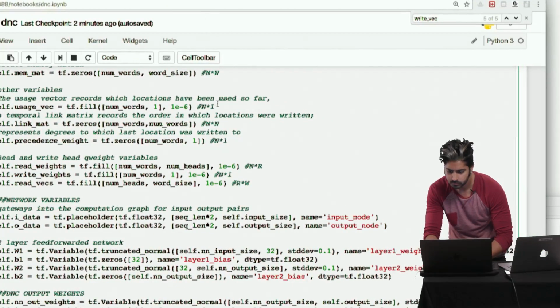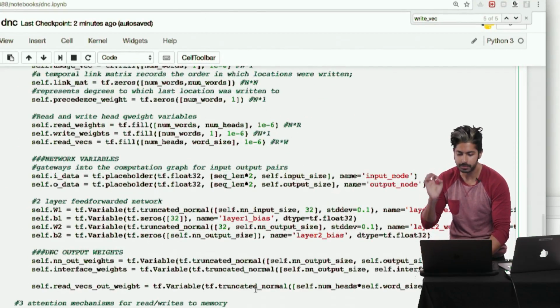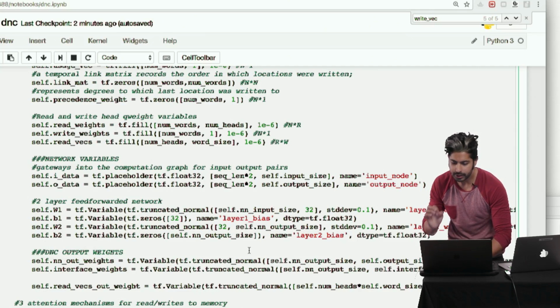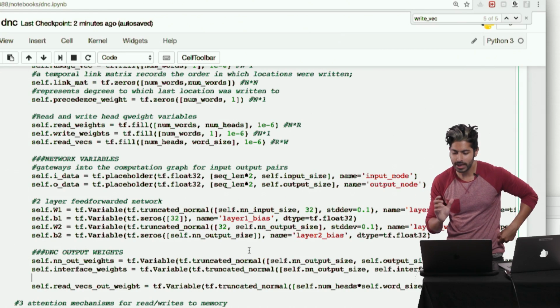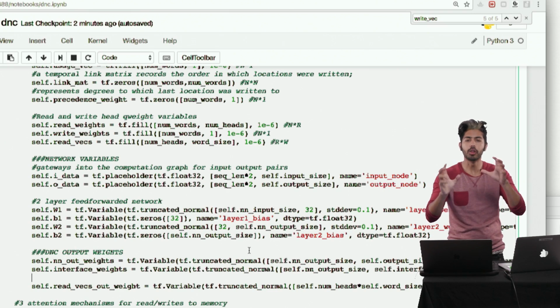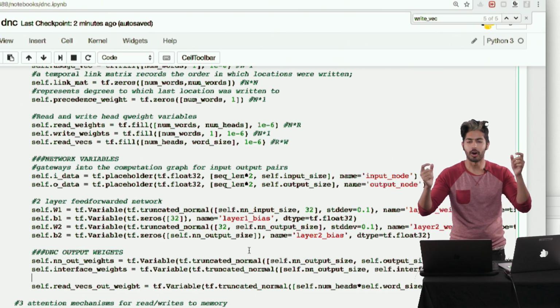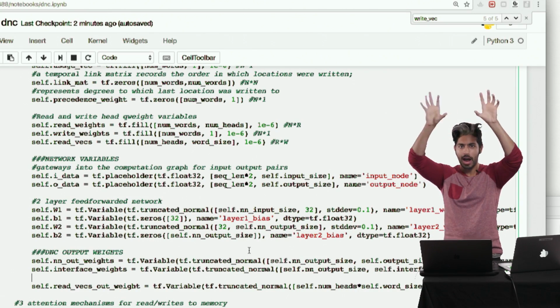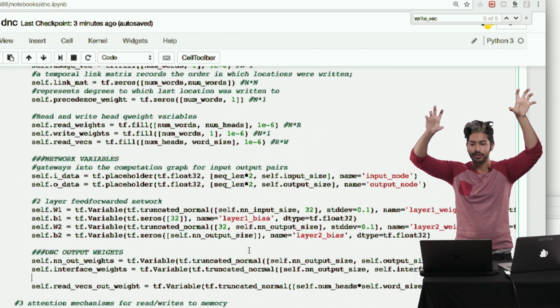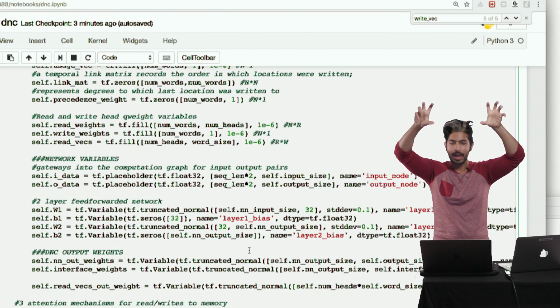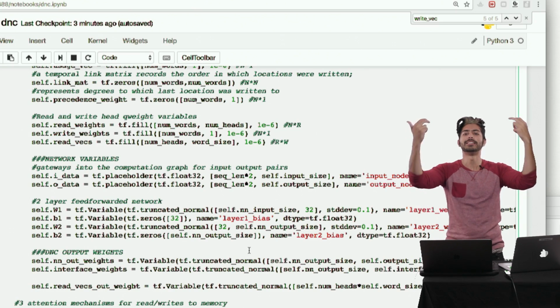So we define our network, and let me talk about these, and then I'll answer questions. We have our output weights. All of these components have weights. Our output values have weights, both the interface vector and the output. And why do they have weights? So that we can differentiate.